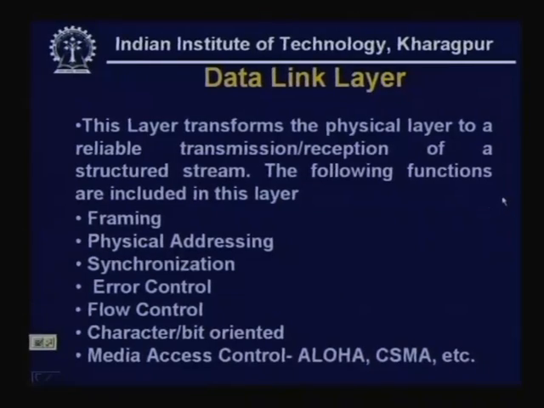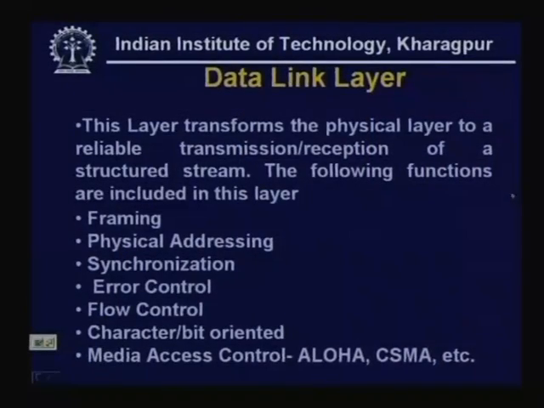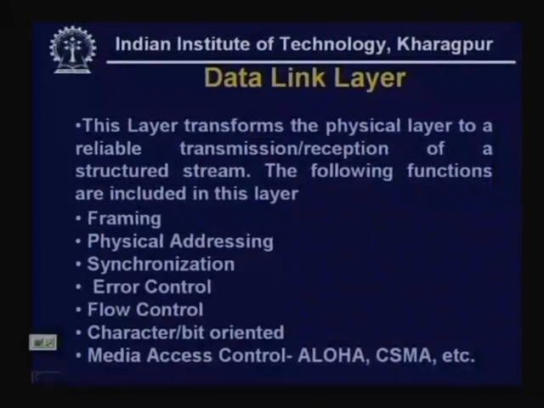Then you have the next layer, the data link layer. The functions of the data link layer: this layer transforms the raw physical layer into reliable transmission and reception of a structured stream.